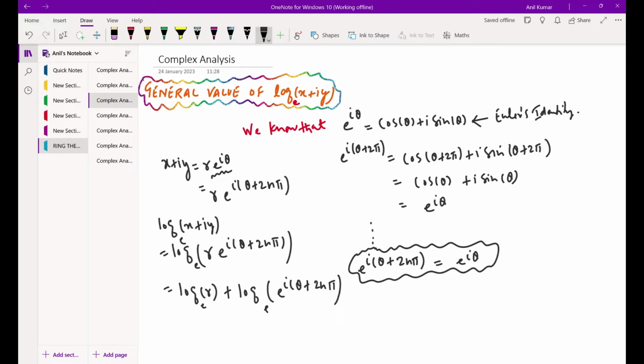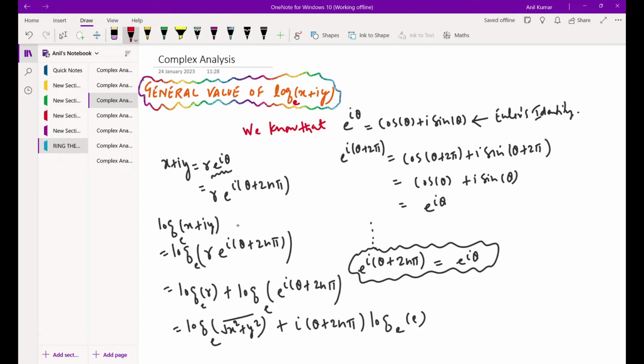to the base e. So it is nothing but log of under root x square plus y square to the base e plus iota theta plus 2n pi log of e to the base e, right?